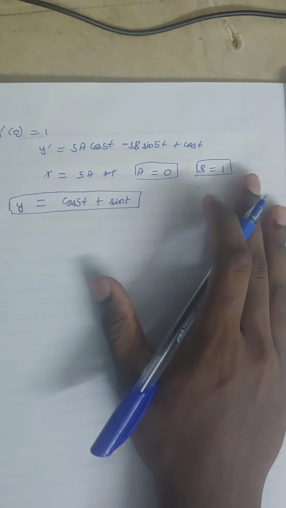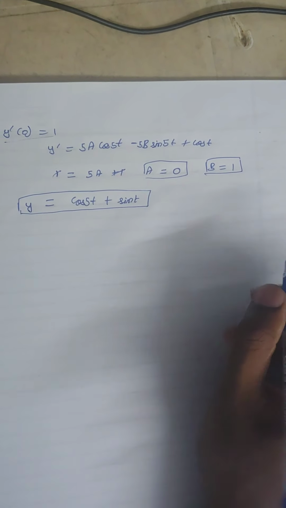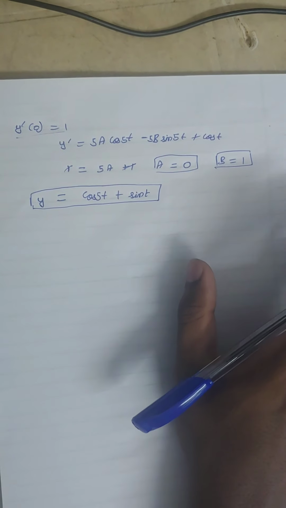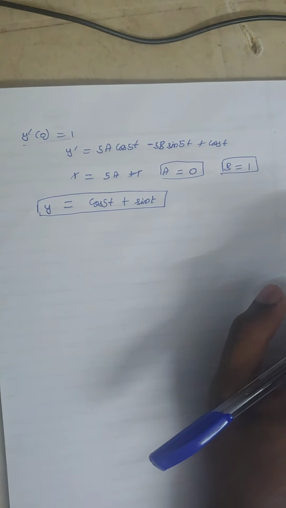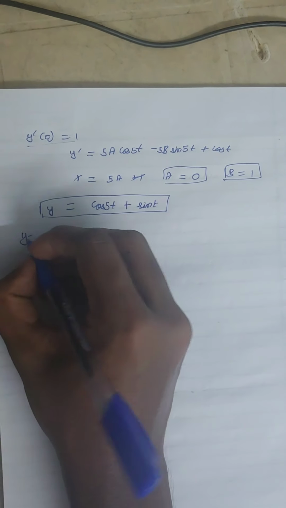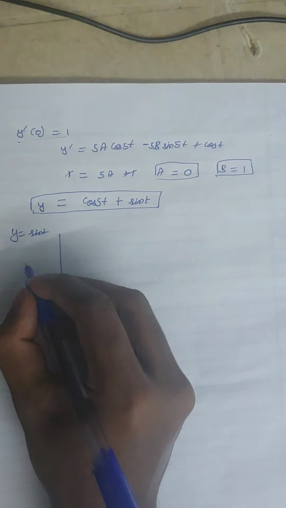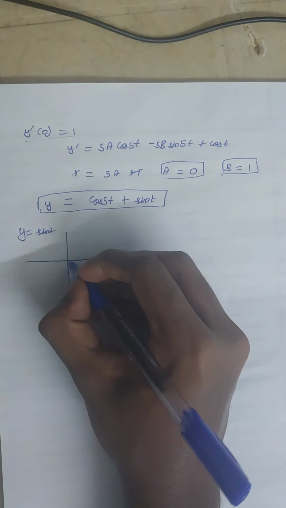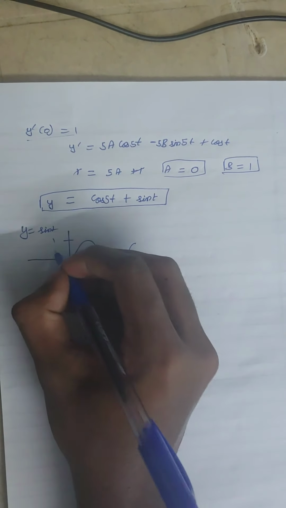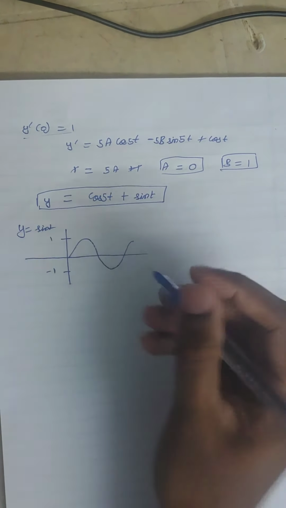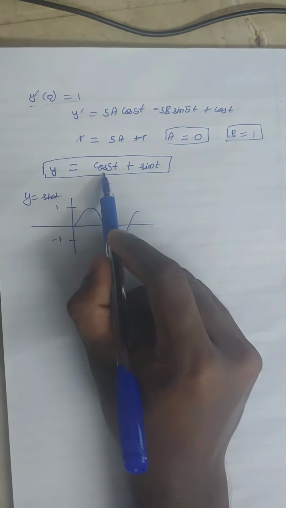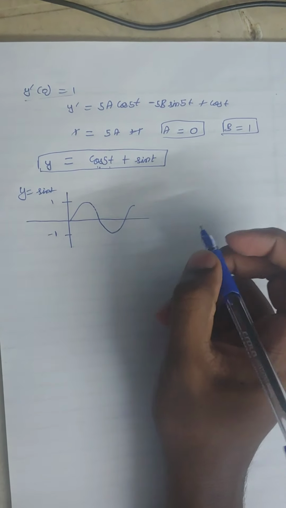Now they have also asked to sketch the graph of the solution curve and y is equal to yp. So y is equal to yp is y is equal to sin t. So that's basically this. So the solution curve is cos 5t added to sin t.